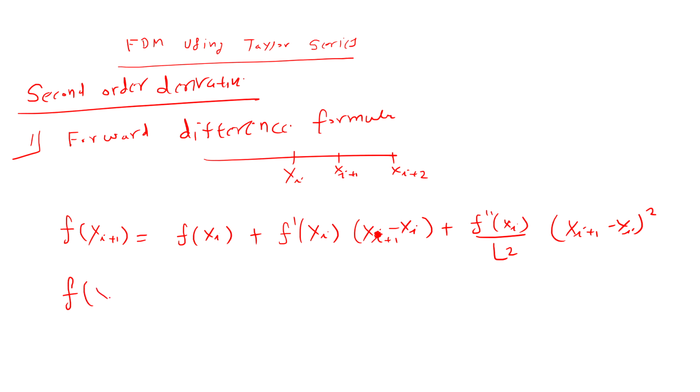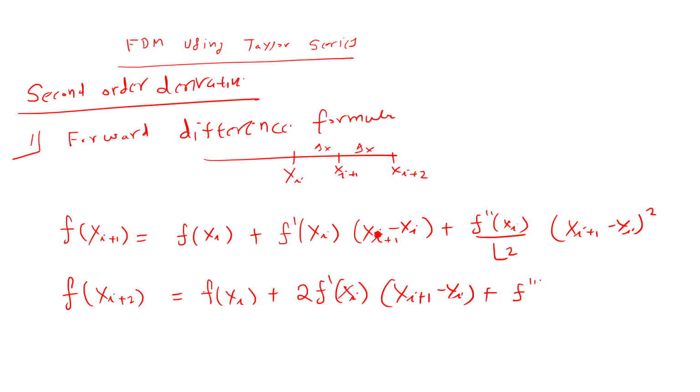Now if I calculate f of xi plus 2, that will be nothing but f of xi plus 2 f prime xi times xi plus 1 minus xi, because this will be xi plus 2 minus xi, and that will be replaced by 2 delta x, plus f double prime xi upon factorial 2, and this will be 2 times, so this will become 4 times xi plus 1 minus xi to the power 2.